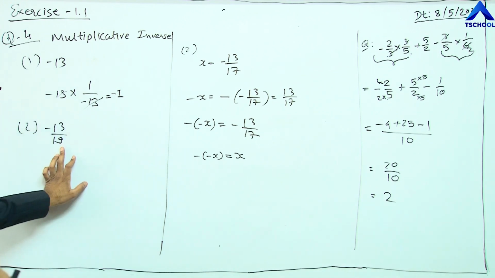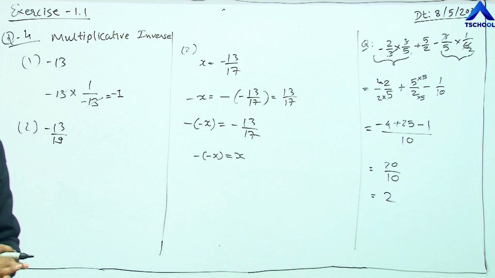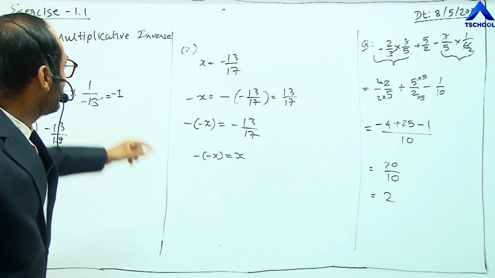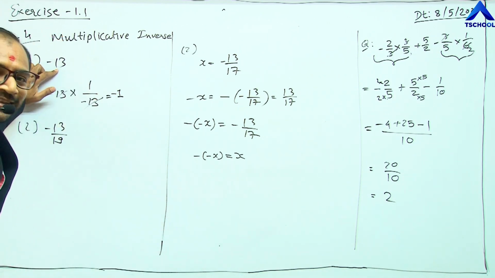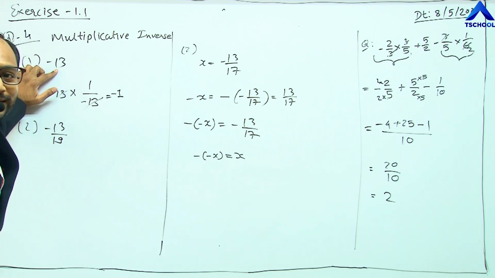Second example is minus 13 by 19. What is the multiplicative inverse? Denominator goes in numerator. Here, what is in the denominator of this number? Someone says 0, because nothing is there in the denominator. But here it is wrong.